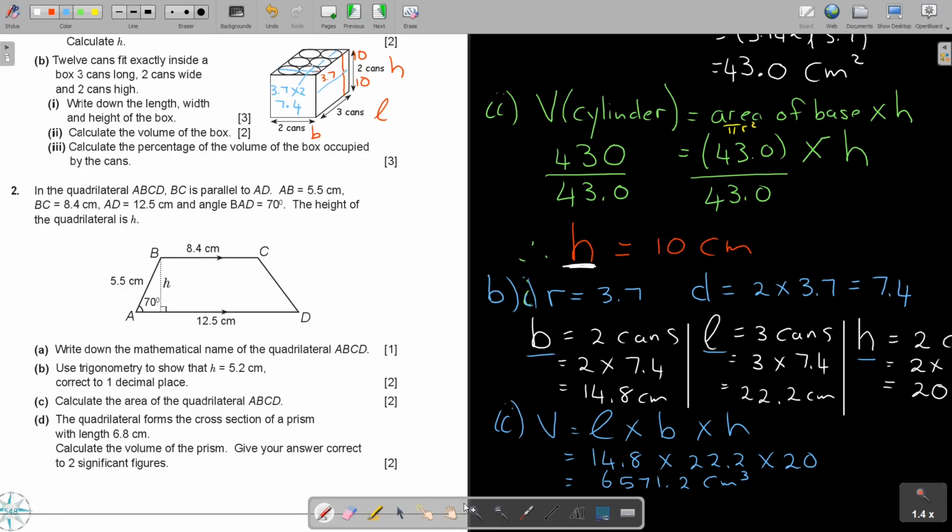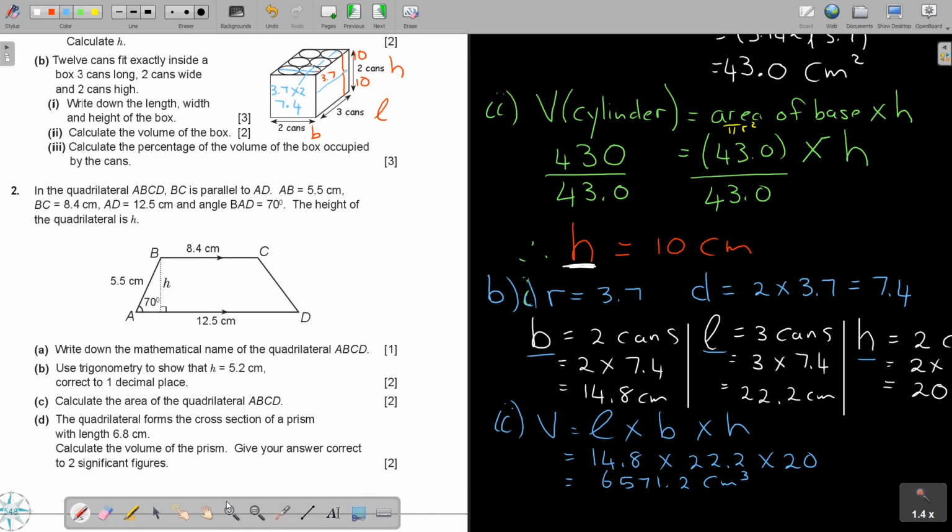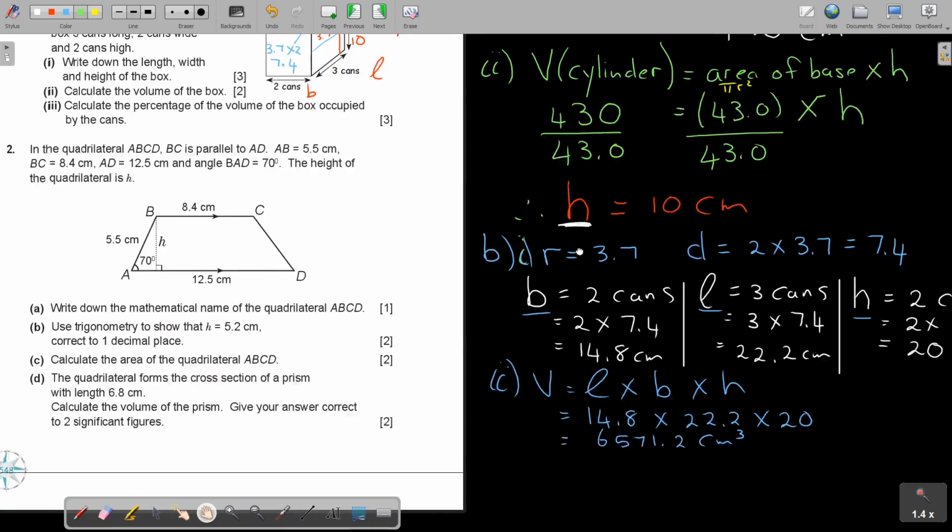And then the last question on this. Let's just do that last one. Calculate the percentage of the volume of the box occupied by cans.